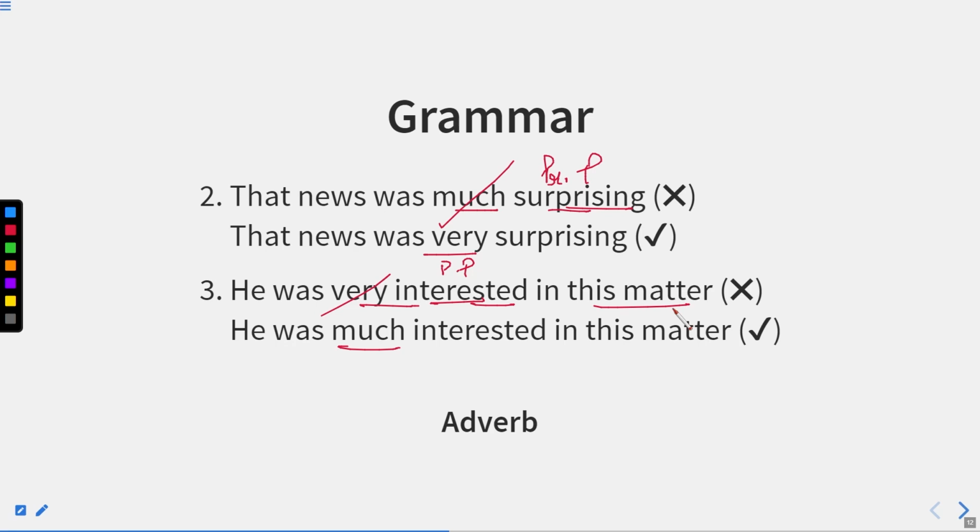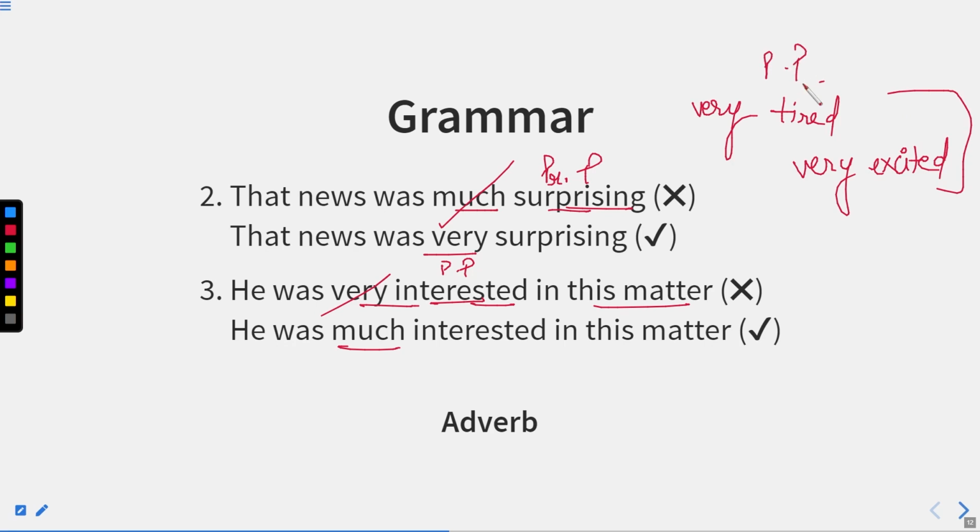Now, there are several past participles, of course, before which we can use very. For example, if I use the word tired, we can use very tired. I'm very tired. I can use very exhausted. I can use very excited. Excited is of course past participle. So these are exceptions.